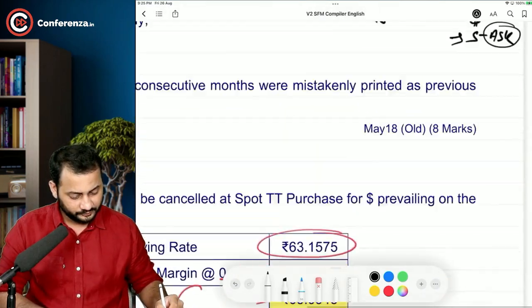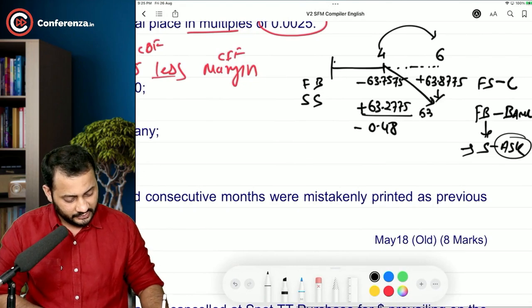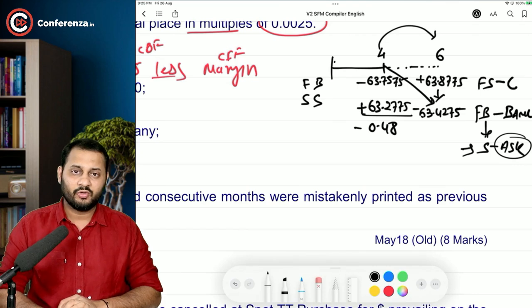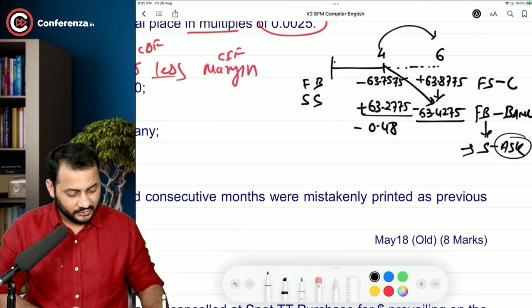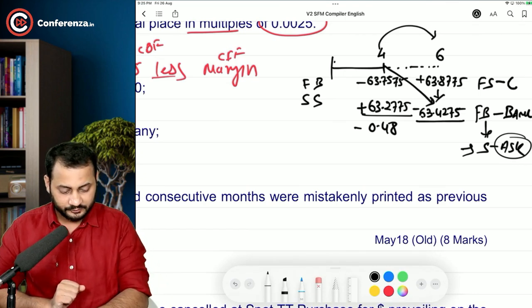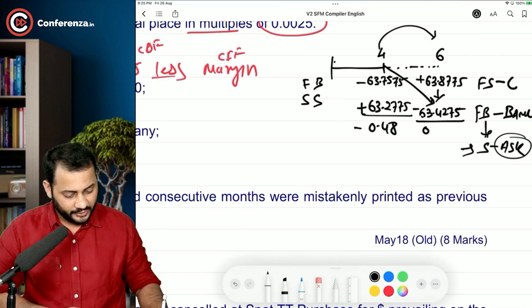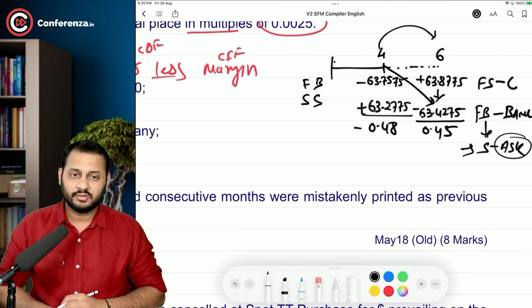63.4275. Have a look. 63.4275, and you are buying dollars, forward buy. You can see now there is a profit in this case. That's 0.45.